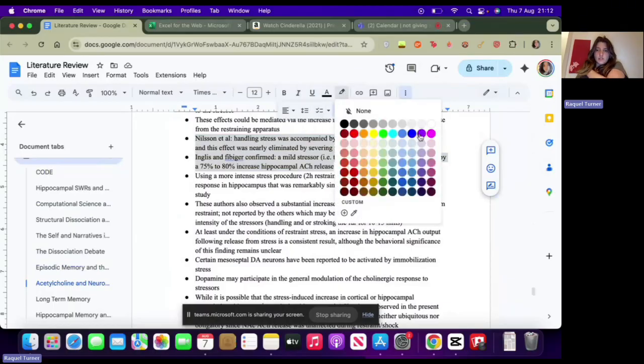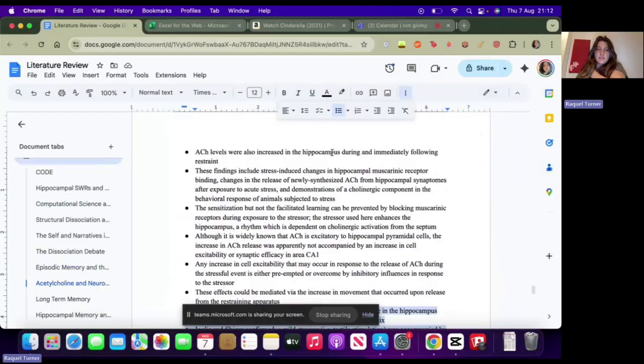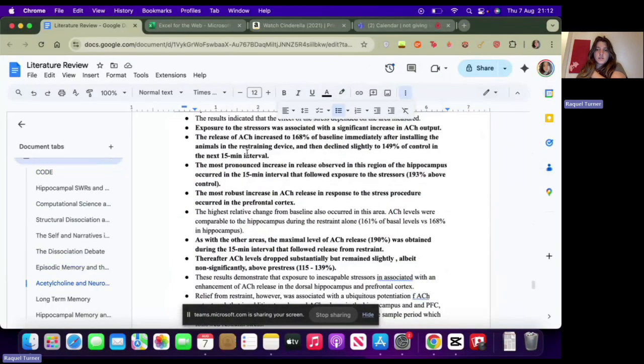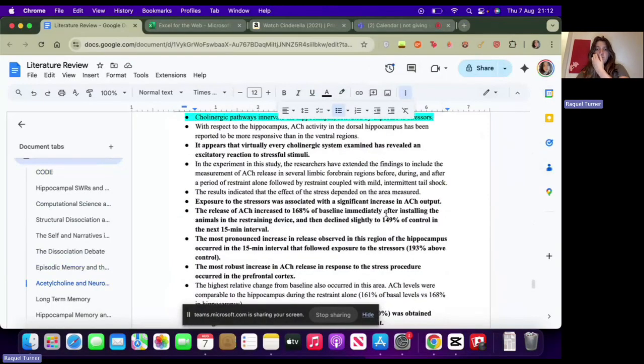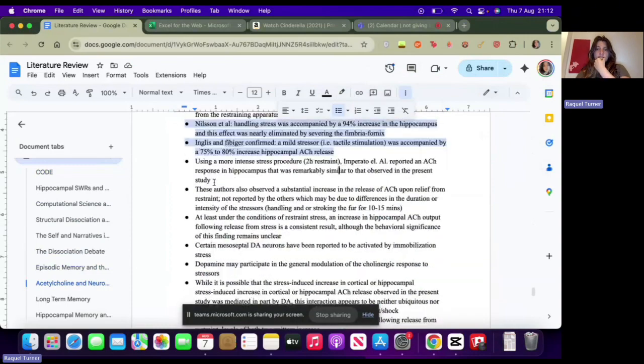But these are good numbers as well because the numbers that I had already were for more inescapable, more intense stress. So, this number that I got, the 168%, is pretty cool too. A more intense stress procedure in another study basically reported the same thing, that an acetylcholine response in the hippocampus was remarkably similar to that of the present study.